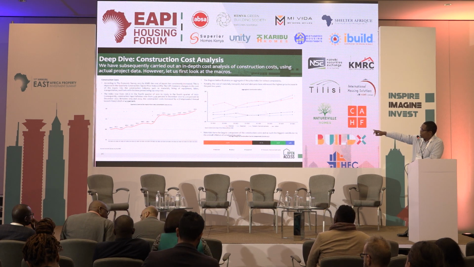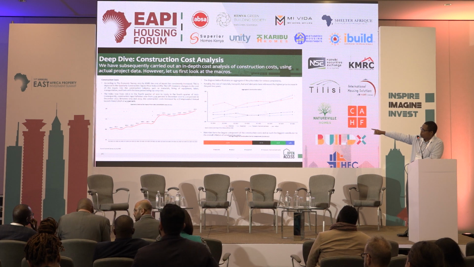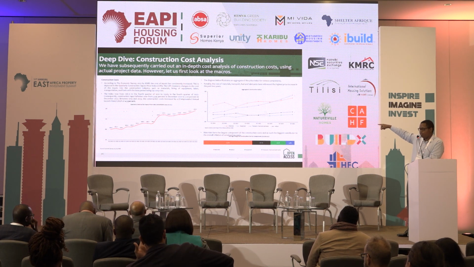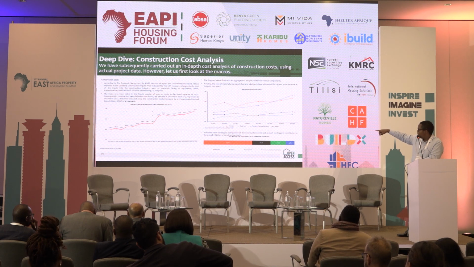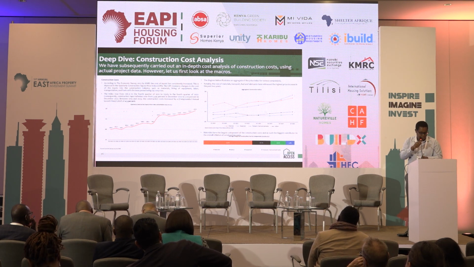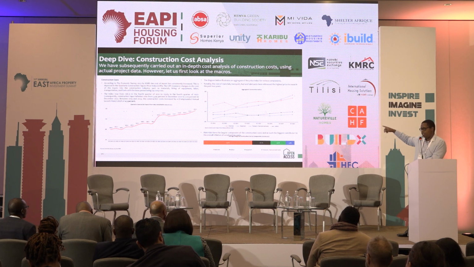And then what KNBS does is it disaggregates that construction input price index into these 4 different line graphs. So we have materials, equipment, transport, and labor. From that graph, the one that has had the highest increase is the purple line, and that's transportation, which stands to reason.